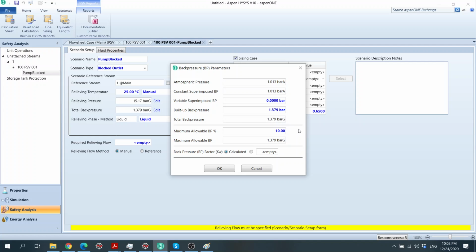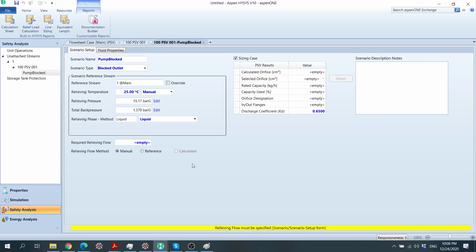About 14.5 psi is 1 bar absolute, so 20 is higher than 1. Nonetheless, let it calculate the back pressure factor, and then click OK.